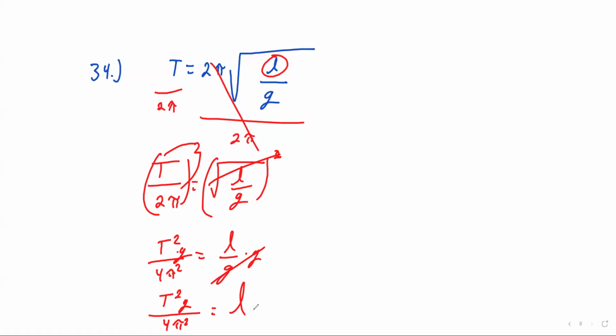So to find the length of the pendulum, it is just going to be t squared times g over 4 pi squared. I'm assuming t is the period, and I'm going to go with g as gravity. So the period squared times gravity divided by 4 pi squared would give you the length of the pendulum.